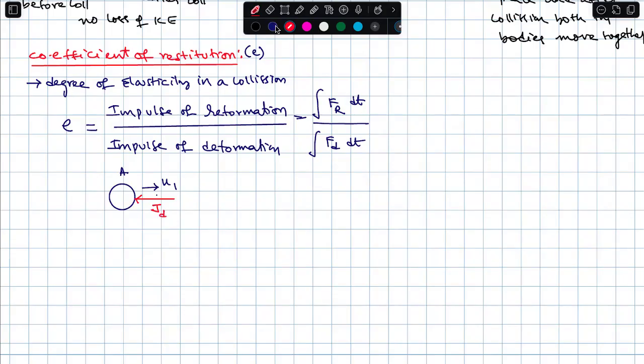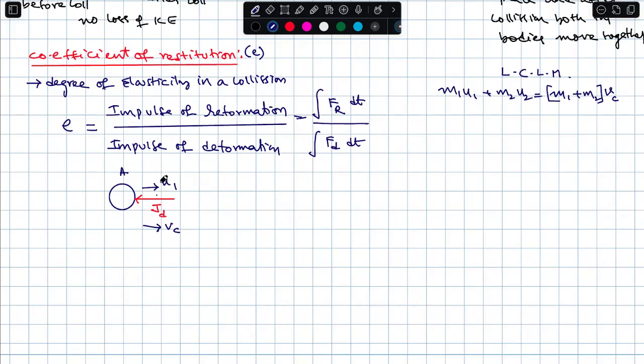As a result, it attained common velocity. You may ask me, what is common velocity? This is the expression for common velocity. How did I get this? Law of conservation of linear momentum.